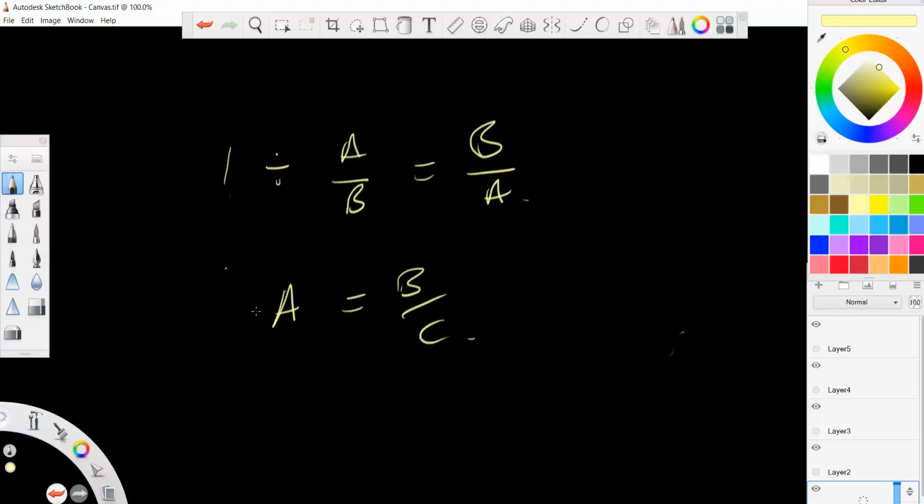So you've got three different variables, and they're related to each other. Now we can rearrange that, and things like, for example, 1 over A would then equal C over B. That's just an example of where that might come in handy. So do remember that 1 divided by any fraction will just flip the fraction upside down. Okay.